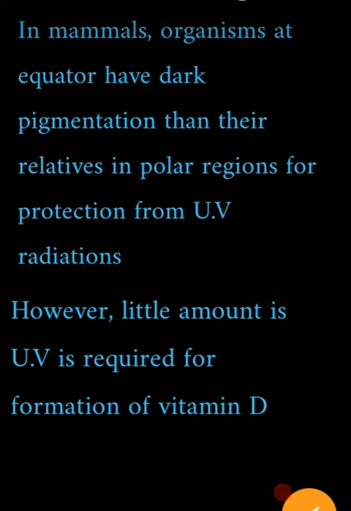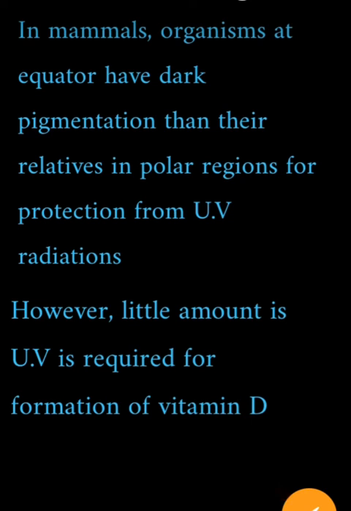In mammals, the organisms that live at the equator will have darker pigmentation than their relatives in polar regions. Now, solar radiation contains ultraviolet radiation, which is very harmful for humans and other organisms, because UV radiation is responsible for forming pyrimidine dimers or thymine dimers which damage our genetic material.